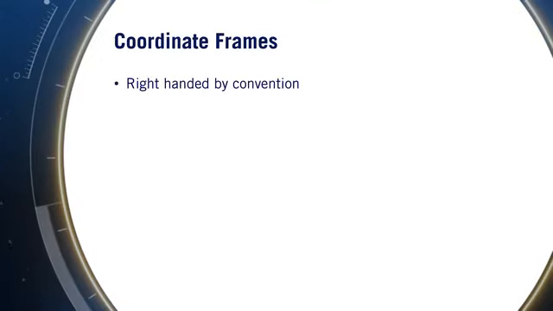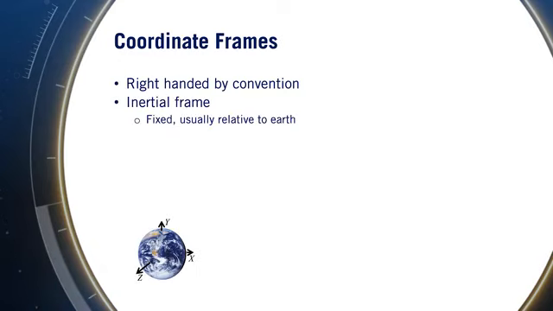Before we start modeling vehicle motion, it's important to review the concepts of coordinate frame transformations. We'll start with 2D transformations in this video, and you'll see more on 3D transformations in the second course on state estimation. The coordinate frames we use are right-handed frames by convention, and we'll use a few standard coordinate frames throughout the specialization.